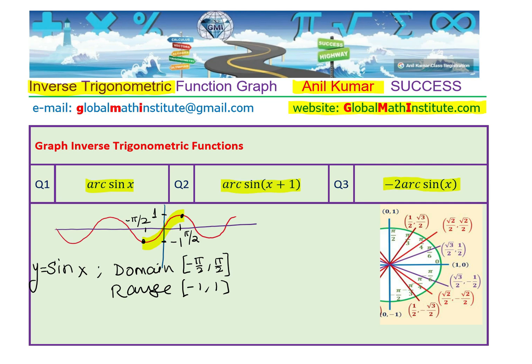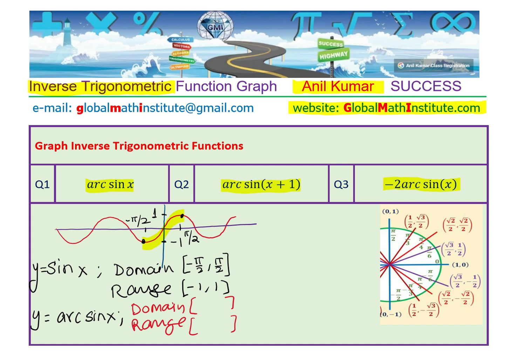Inverse really means that x and y will swap. So the domain becomes the range and the range becomes the domain. Now, if I have a function y equals arc sine x, what will be the domain and what will be the range? As you know, the domain and range will swap.